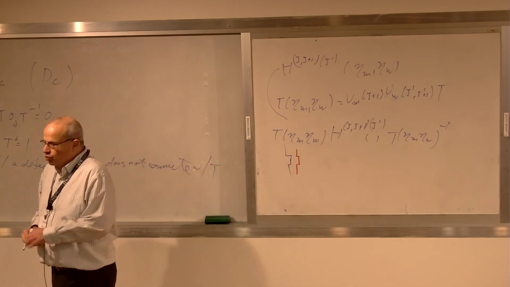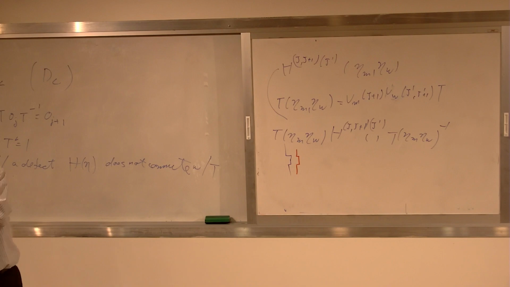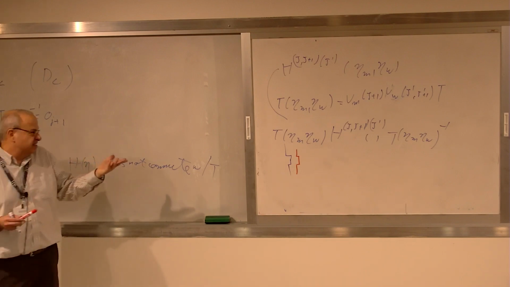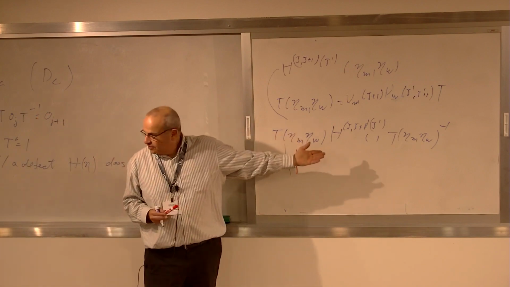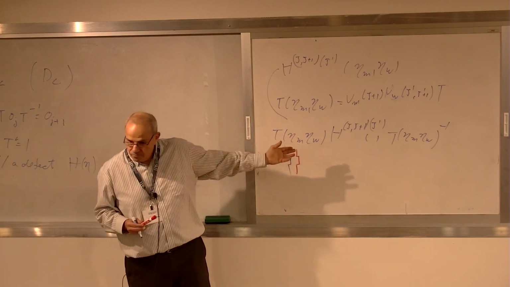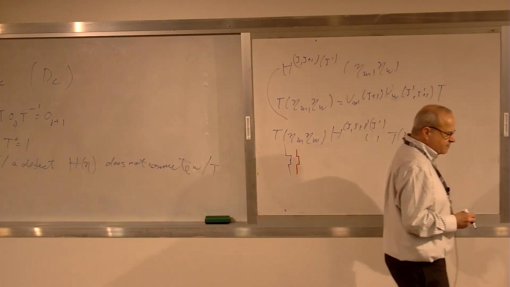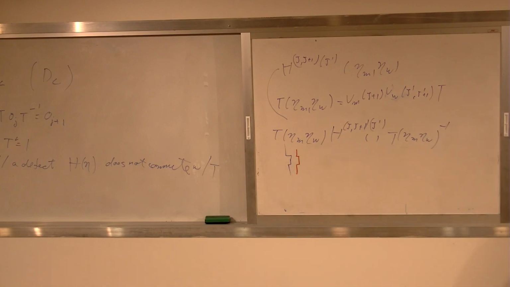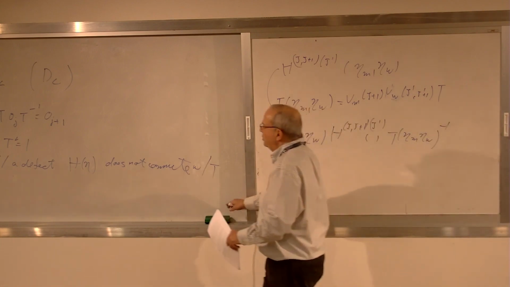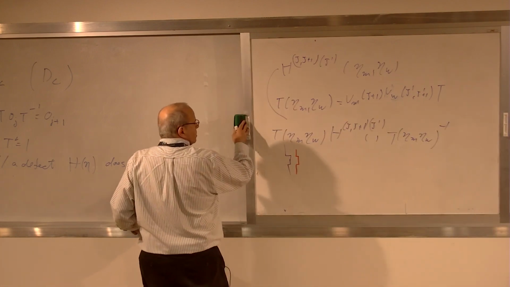So the original t is no longer there. However, we have instead essentially the same thing. But the fact that these u's don't commute has interesting consequences, because this is a little bit of a computation.